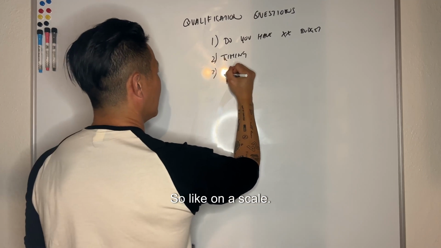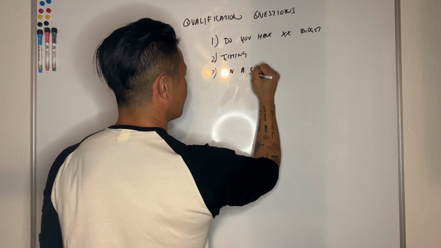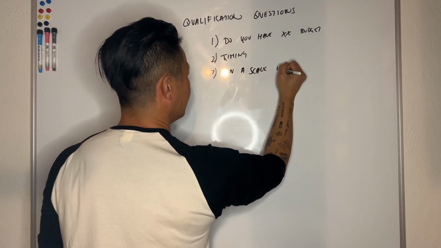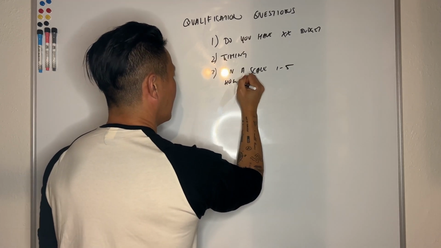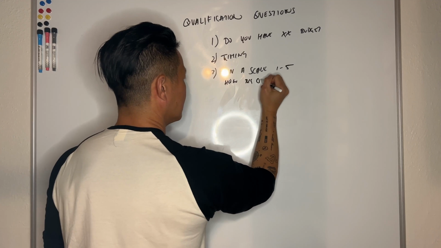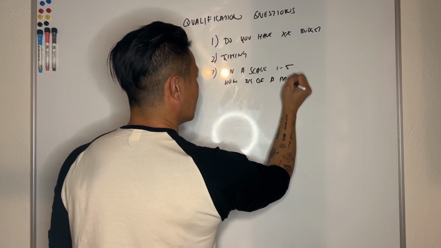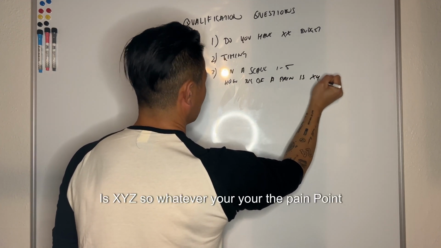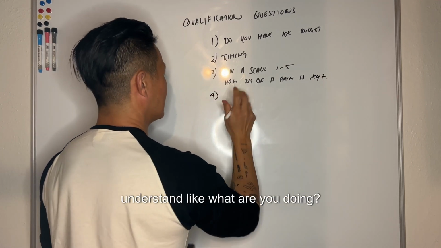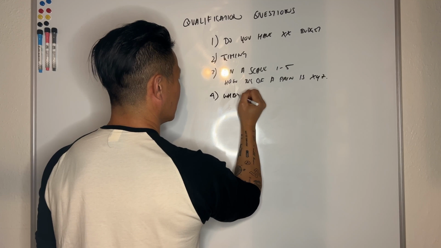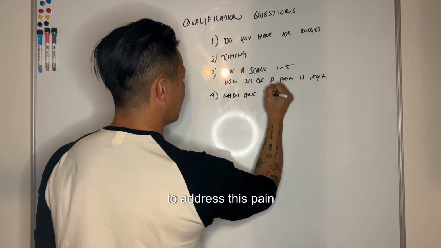So like on a scale of 1 to 5, 5 being extreme pain, how big of a pain is XYZ, so whatever the pain point you're solving for is. And then you want to understand, what are you doing to address this pain?